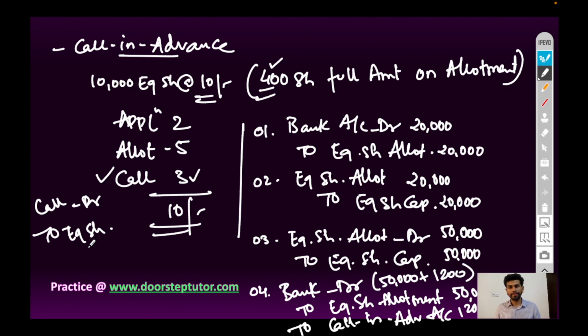The amount will be 10,000 into 3 minus 1,200, 30,000 minus 1,200, 28,800, because call money is already received in advance on 400 shares. And the last entry will be bank account debit to equity share call account, and the amount will be the same, 28,800.